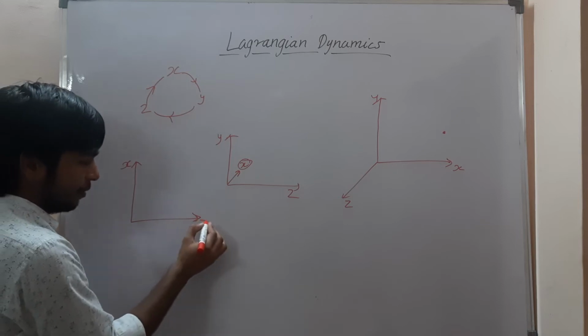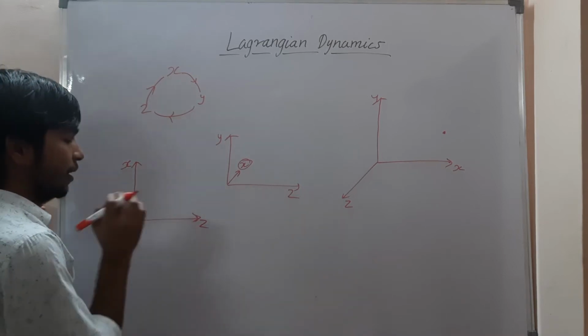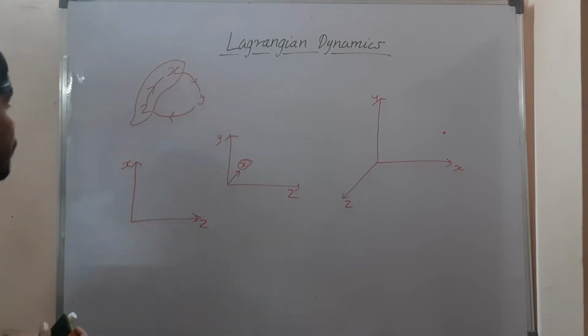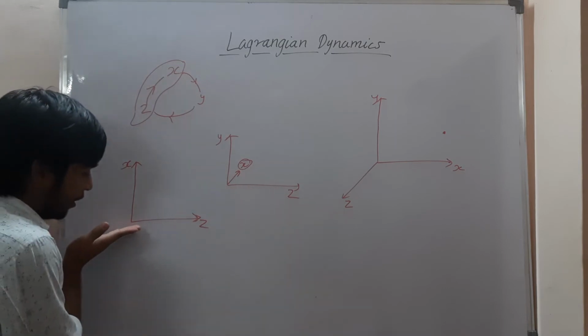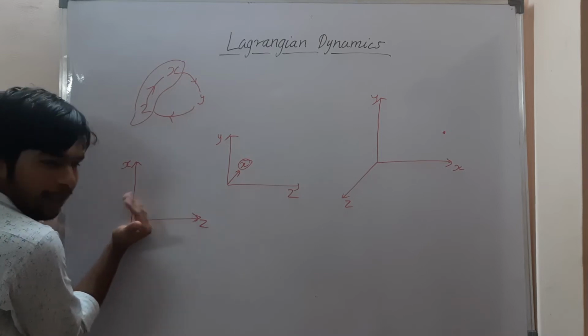Now I want to show the direction of the y-axis. Here our combination is z to x. I will keep my finger in the z direction and curl it toward the x-axis.